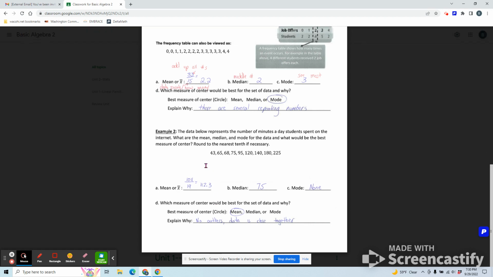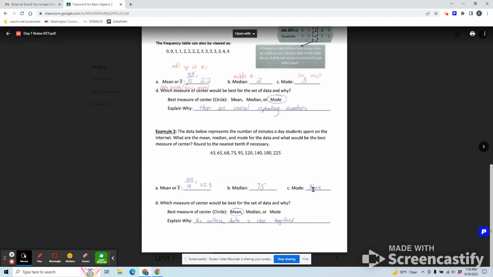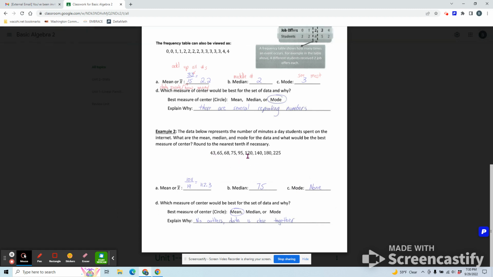So now I have to decide which measure of center would be the best to describe this data. Well, I don't really have any numbers that repeat, so I'm not going to choose mode. And it comes down to the mean and the median. There are arguments for both. I'm not going to get into the specifics of which one, as long as you can defend it. But I would probably say that this one would go with the mean.